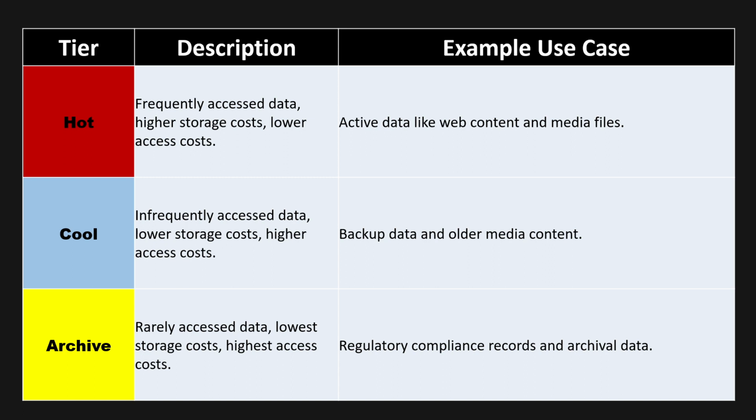These videos are accessed by the users on a daily basis, so the frequency of the data is very high, and we can use a hot tier for storing this data so that it can be retrieved daily. It ensures fast and consistent performance.